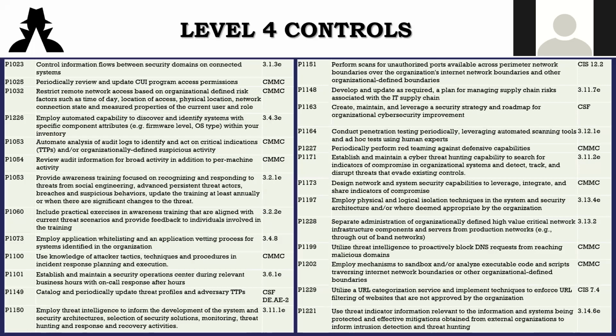They do a pretty good job, and as you can see in the right column, it indicates where each control came from. Several of them come from 171B. You have some CMMC-defined ones. The Center for Internet Security critical security controls are on there as well, from the cybersecurity framework. Supply chain risk is going to be a big one, and I think that's really going to fit in amongst this whole program: managing that supply chain, both up and down.